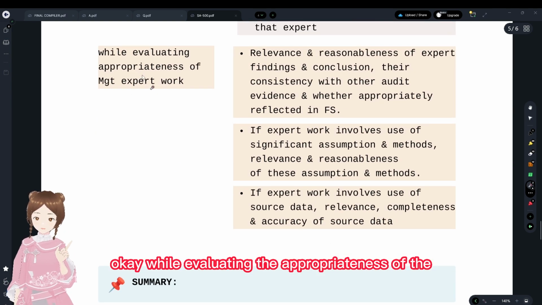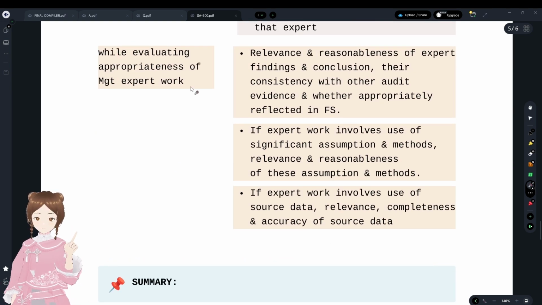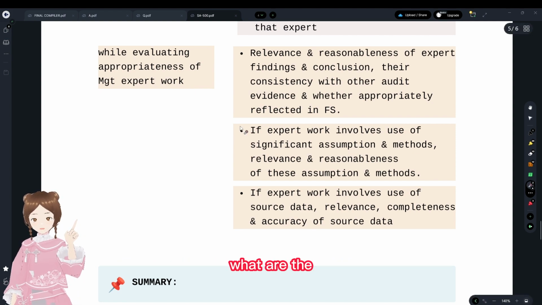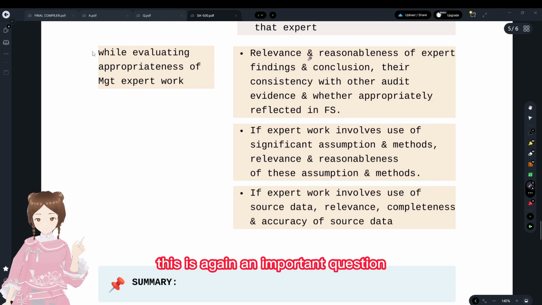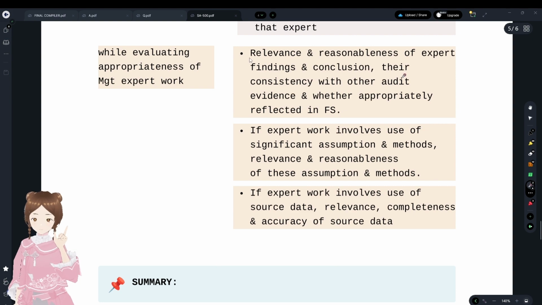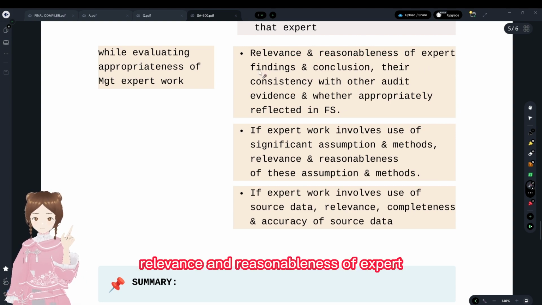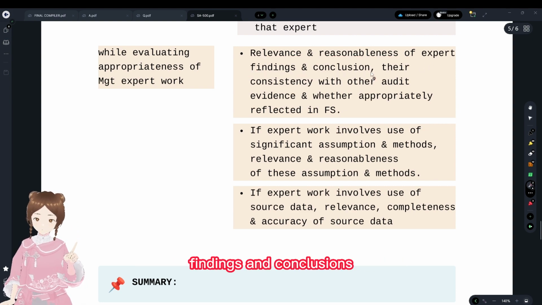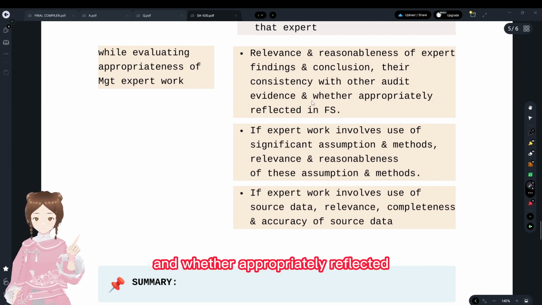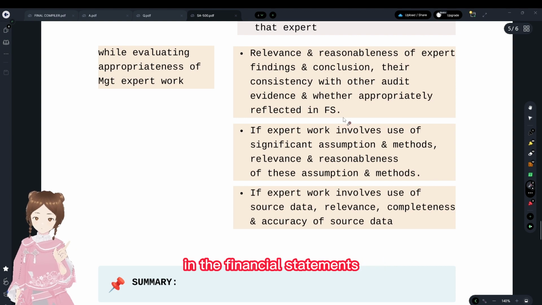Okay, while evaluating the appropriateness of the management expert's work, how do you evaluate the appropriateness of the work? This is again an important question. Do remember this: relevance and reasonableness of the expert's findings and conclusions, their consistency with the audit evidence, and whether they are appropriately reflected in the financial statements.